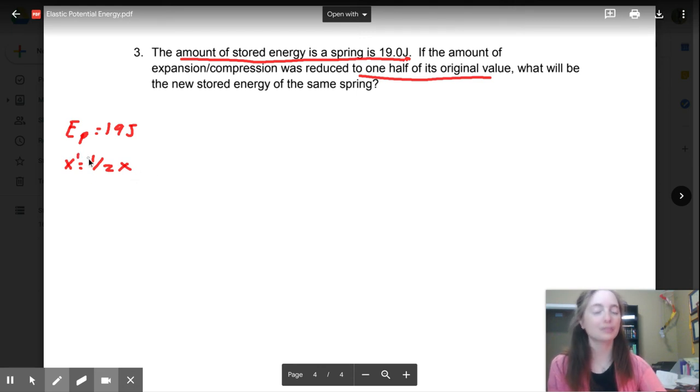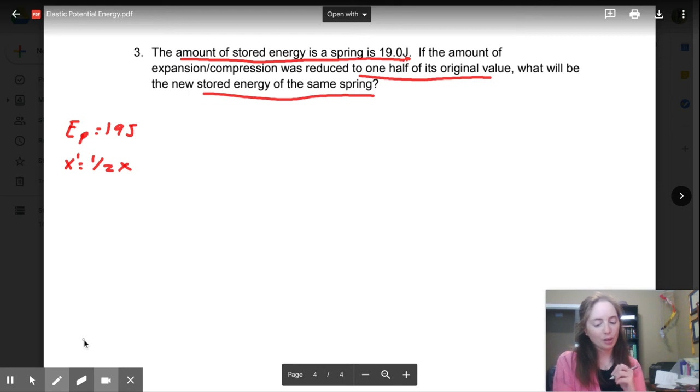Now, prime, ladies and gentlemen, means after. And x is what it's originally going to be. What would be the new stored energy of the same spring? Okay, so this is going to work. It's going to get a little bit tricky. I'm going to break this into 2 different cases of original and modified.